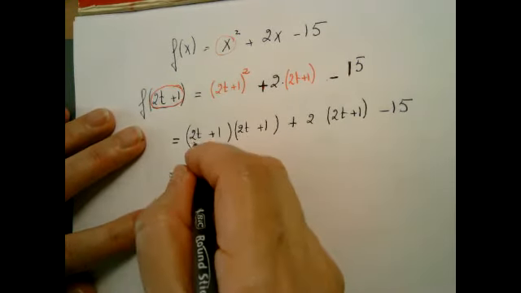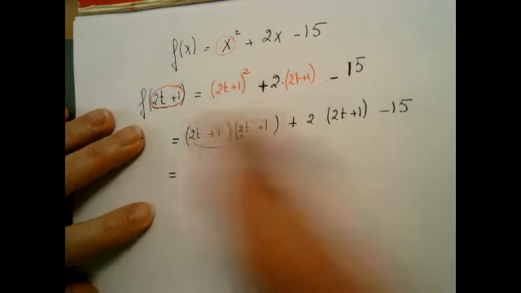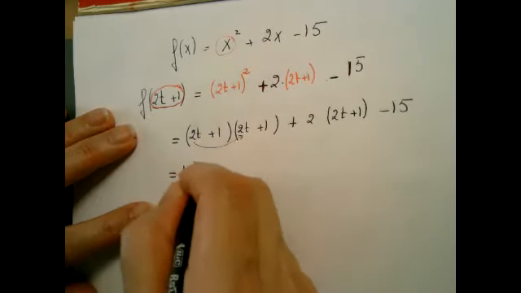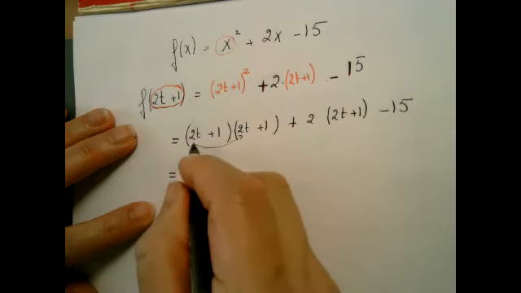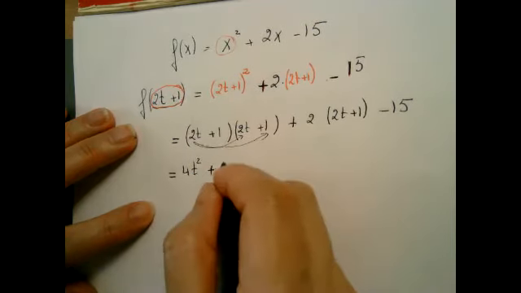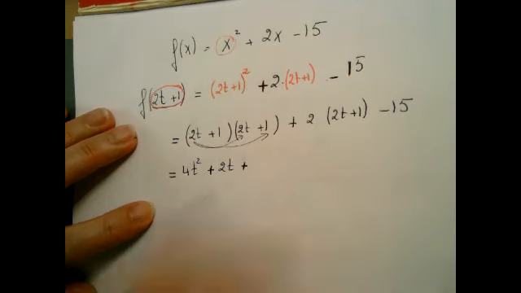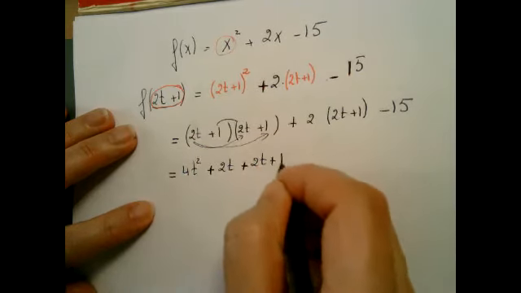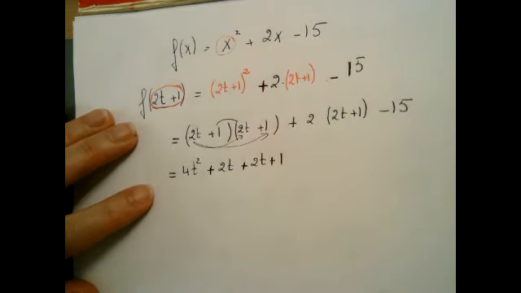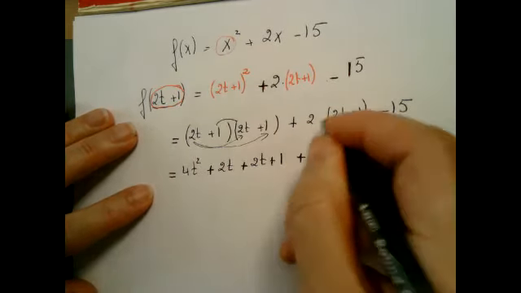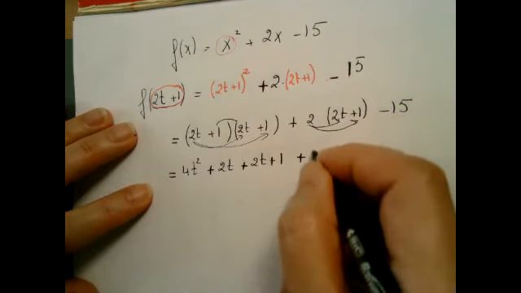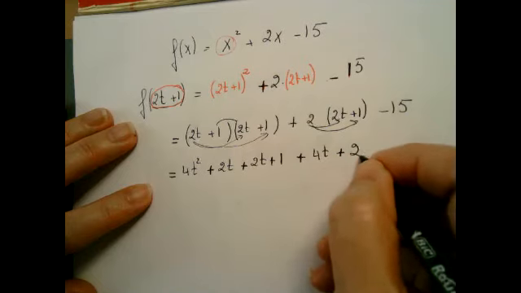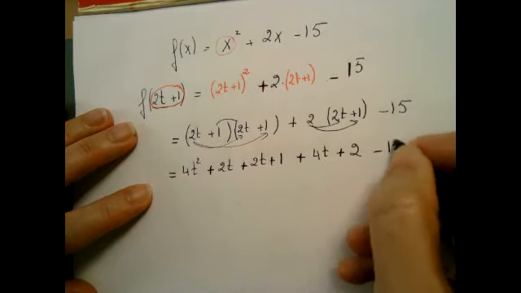Distribute. 2t times 2t is 4t squared, plus 2t times 1 is 2t, plus 2t, plus 1, plus 2 times 2t is 4t, plus 2, minus 50.